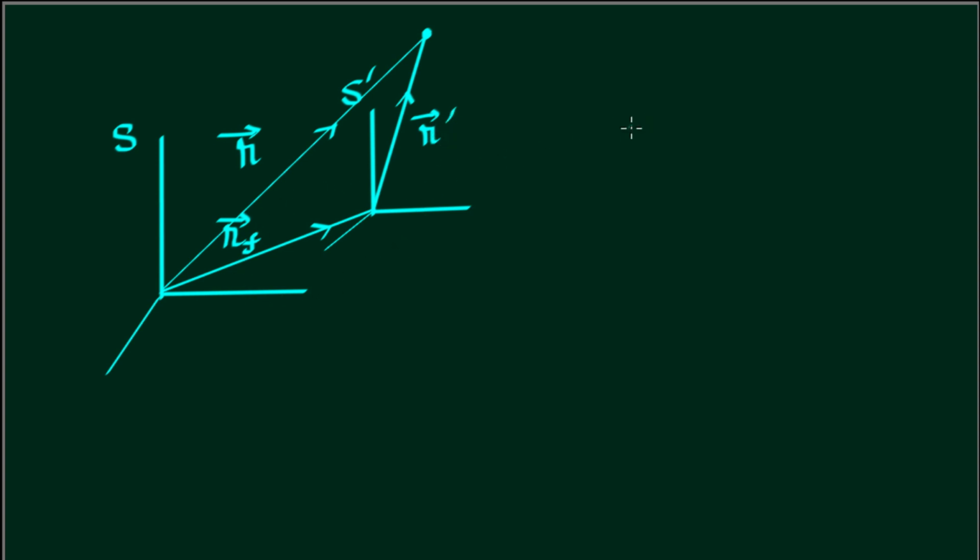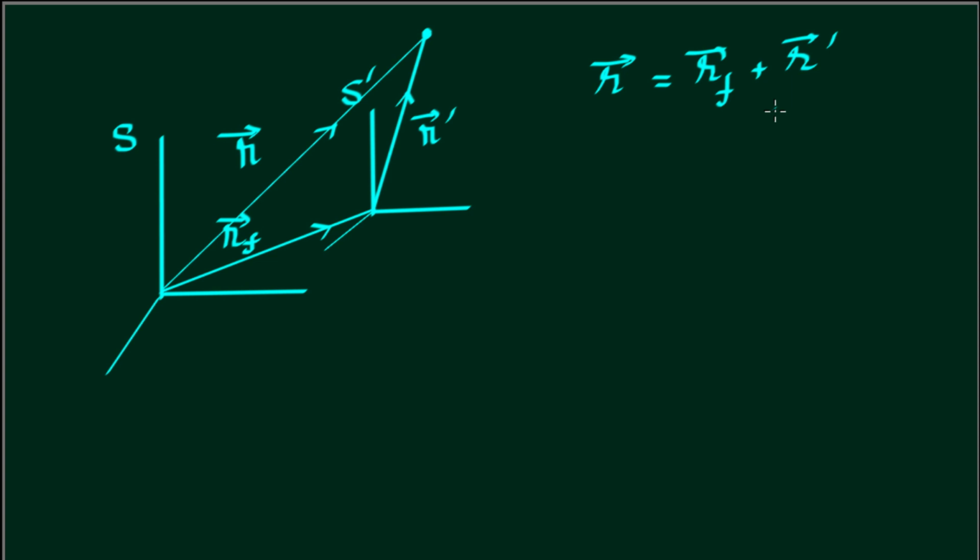Now if you look at this triangle, you can easily see by vector addition that R is equal to R_F plus R prime. As the bird moves and as the accelerating frame moves, R changes, R prime changes, R_F changes, but this relationship will hold at all times. All three are functions of time, so we can differentiate them with respect to time.